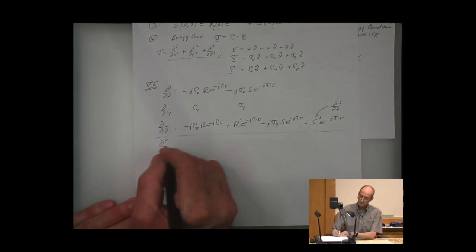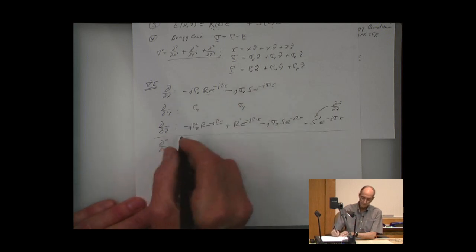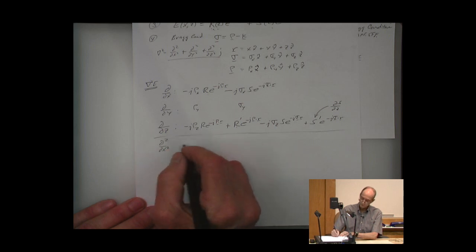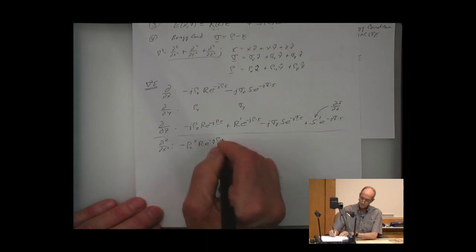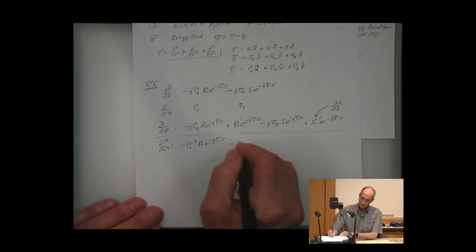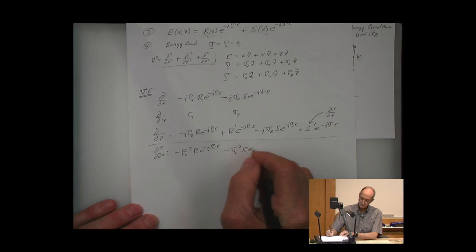So we have the second derivative. Now we differentiate that, and so here we end up with minus rho x squared r e to the minus j rho dot r minus sigma x squared s e to the minus j sigma dot r.